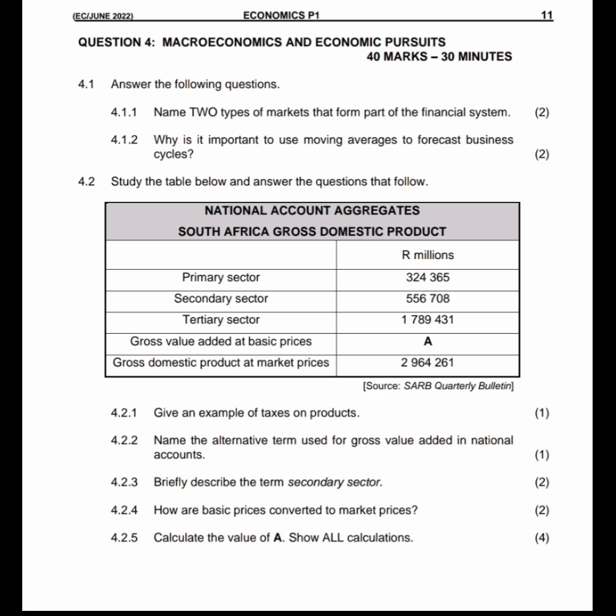4.1.1, name 2 types of markets that form part of the financial system. So we know that we have 2 markets that form part of the financial system, which are the capital market and money market. And then 4.1.2, why is it important to use moving averages to forecast business cycles?